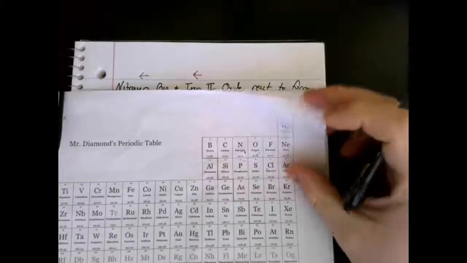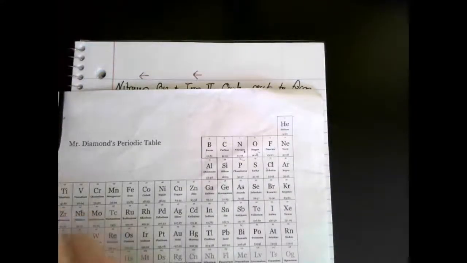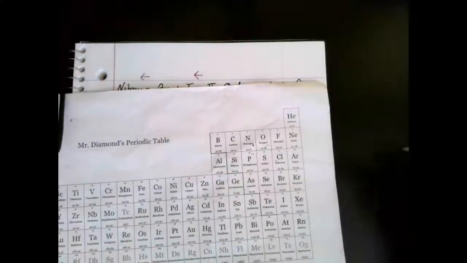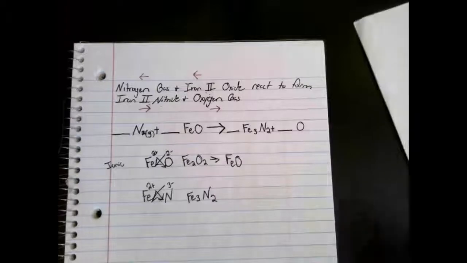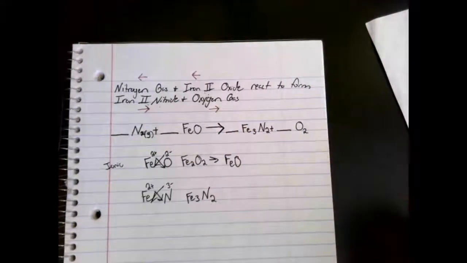So if that works, you can use that. But somehow make sure you remember that hydrogen way over here on this corner, nitrogen, oxygen, fluorine, chlorine, bromine, iodine are all diatomics. So we have O2 instead of just O.